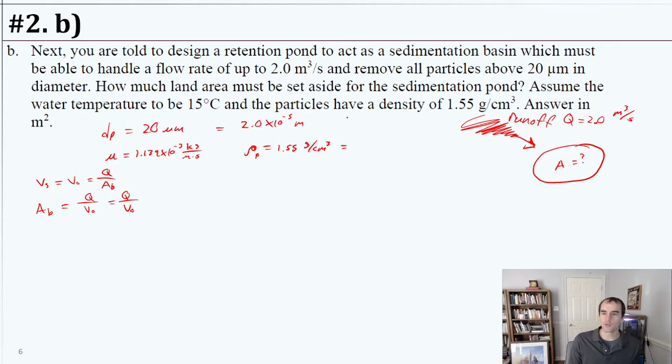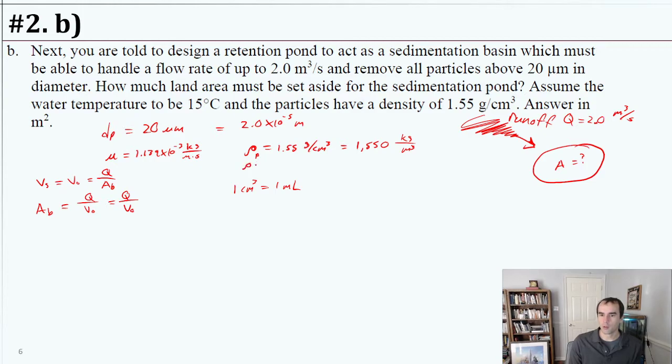You could convert directly into cubic meters from centimeters, but you can also recognize that 1 cubic centimeter is the same as 1 milliliter. So either way you go about it, this becomes 1,550 kilograms per cubic meter.